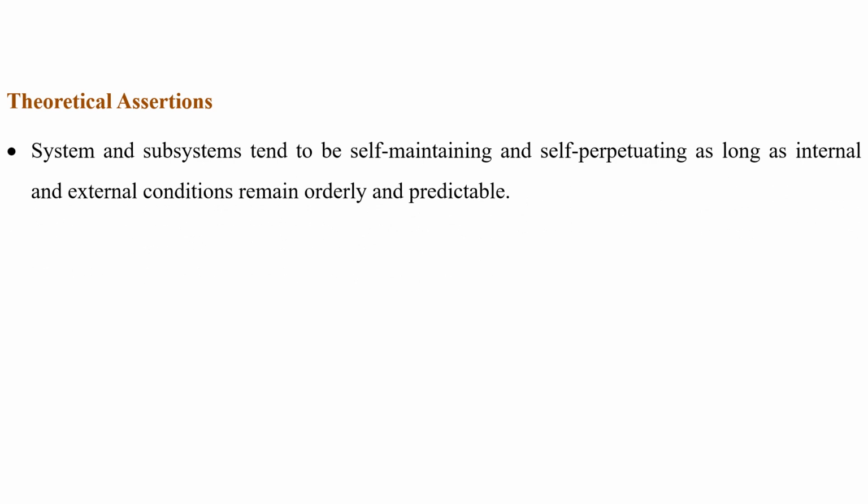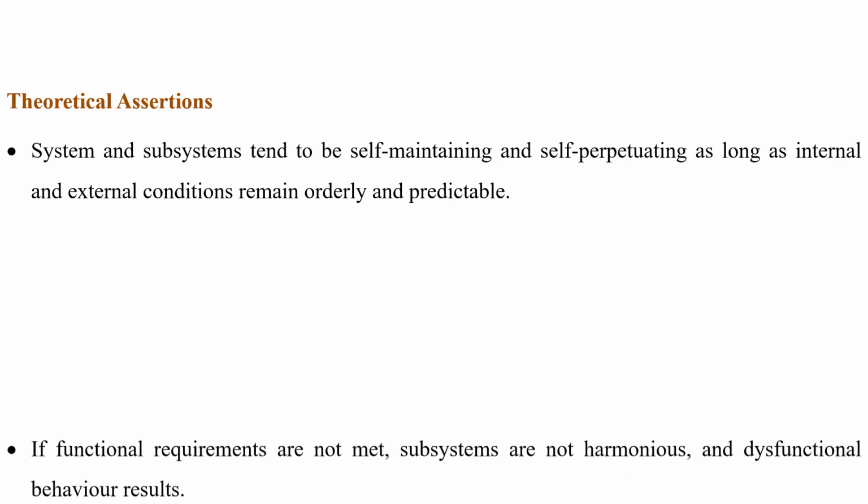The theoretical assertions are the main points which the theory says. System and subsystem tend to be self-maintaining and self-perpetuating as long as the internal and external conditions remain orderly and predictable.